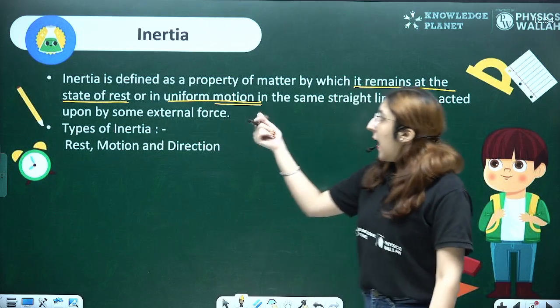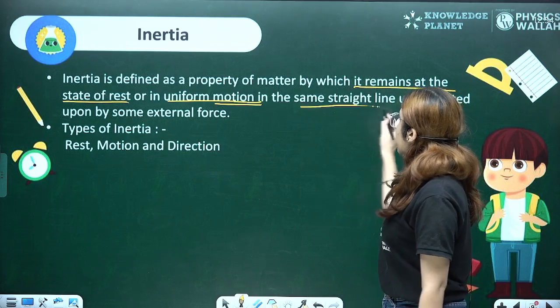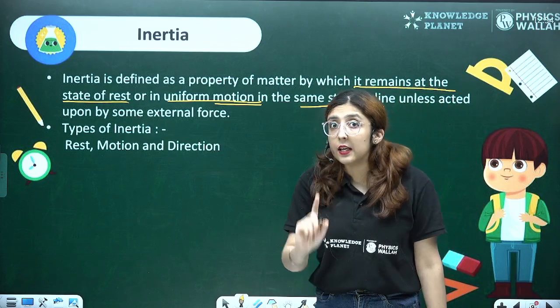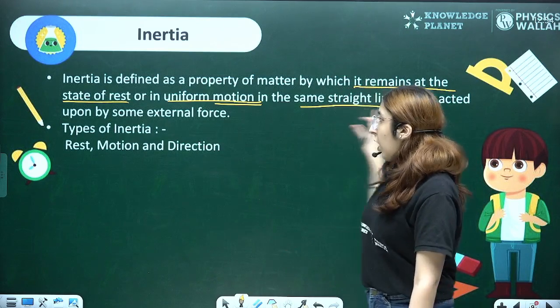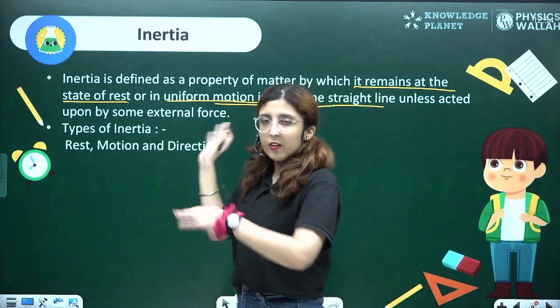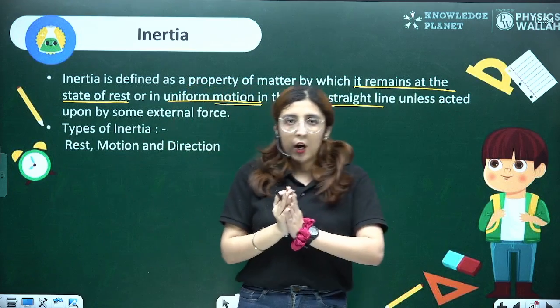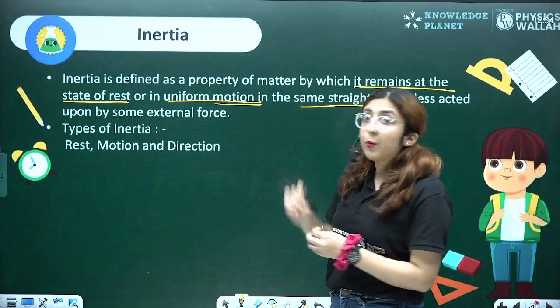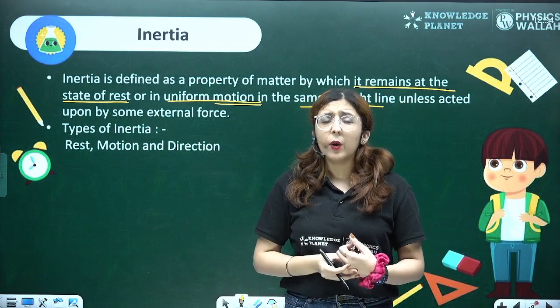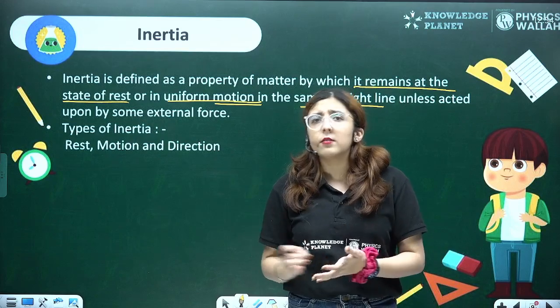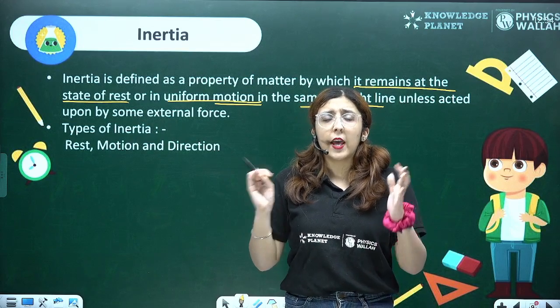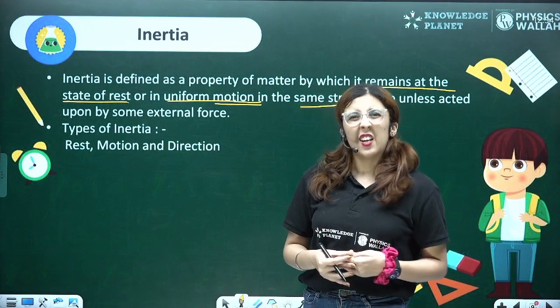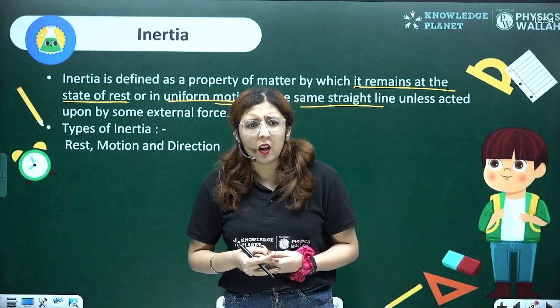Similar thing happens in uniform motion also. It wants to remain in the same straight line unless some external force acts. So inertia is nothing but the property of matter. When you use this term, think of it as resistive in nature, doesn't like to change.